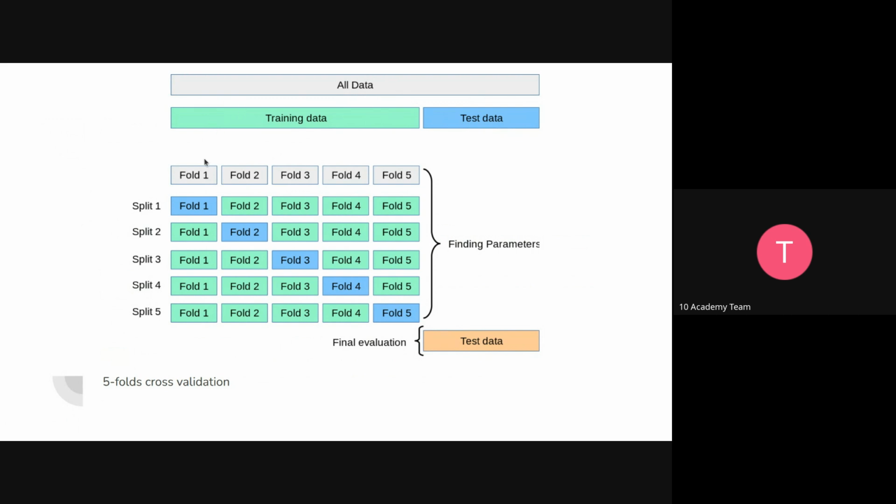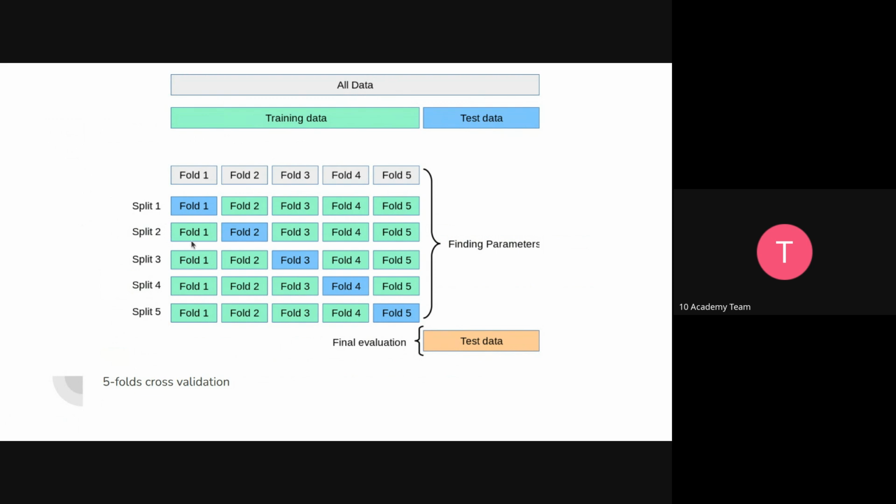That means the training data is split into 5 sets, and we do 5 iterations. In each iteration, you set out one set, let's say fold 1 in the first iteration, train the model on the remaining 4, and validate on the first one that was left out.